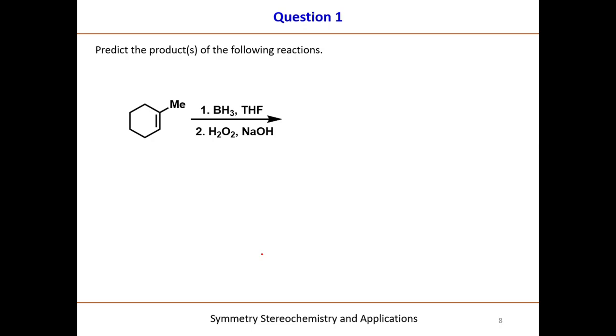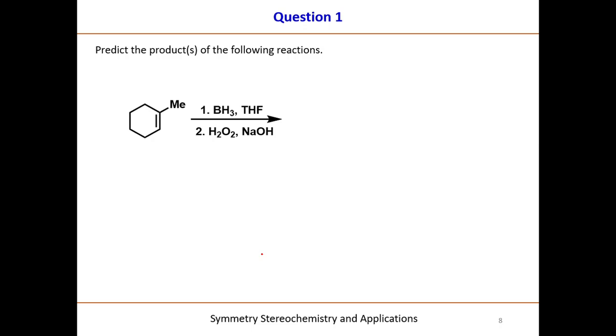As you can see, the first condition has borane and THF. Whenever we are using THF and ether, that means the reaction condition is very sensitive. That means it is a very dry condition. That time only we are using THF and ether. So it's a very dry condition.